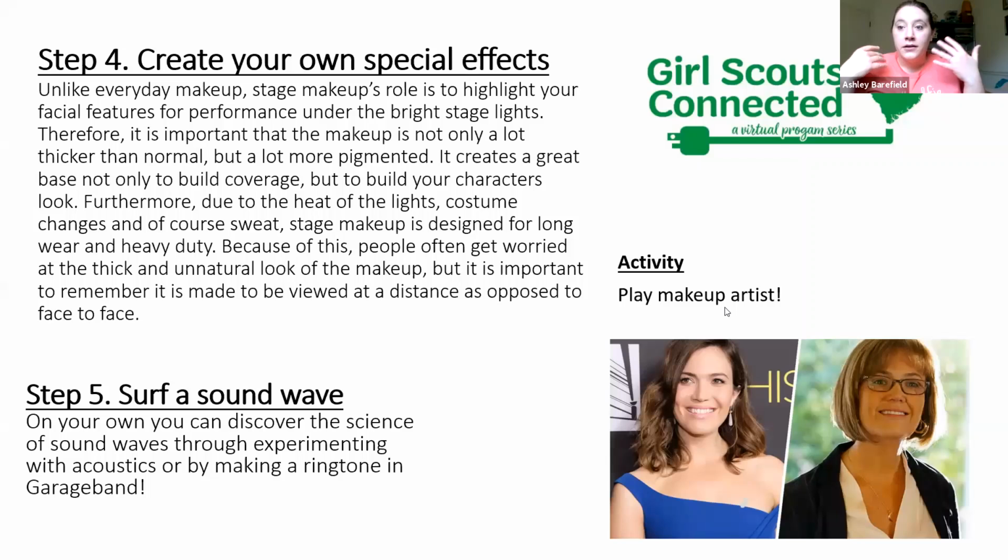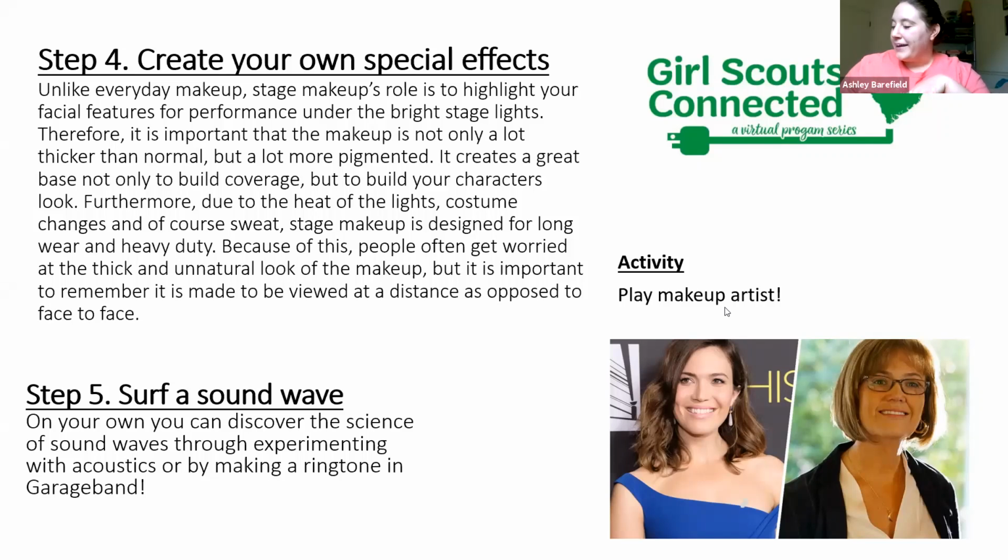For example, right now I have light shining on me, and if I were to put more mascara on, or some eyeshadow, my eyes would pop more because of the lighting. So that's what you do when you do ballet, and if you are acting, you put on stage makeup for the lighting purpose.